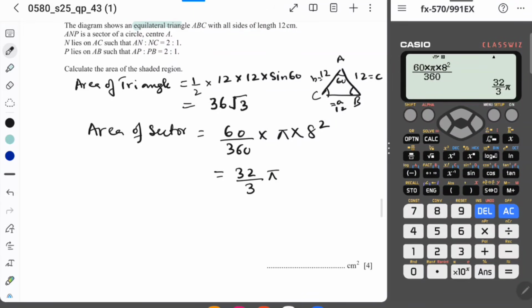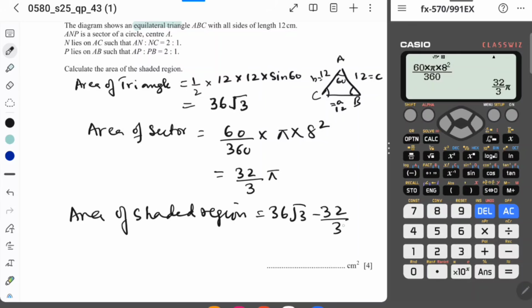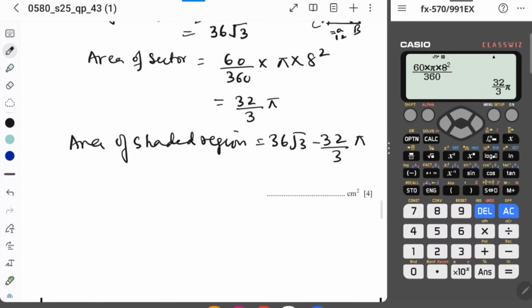Subtract both of them to get the area of the shaded part. The area of the shaded region equals 36 root 3 minus 32 over 3 pi, the area of the triangle minus the area of the sector.